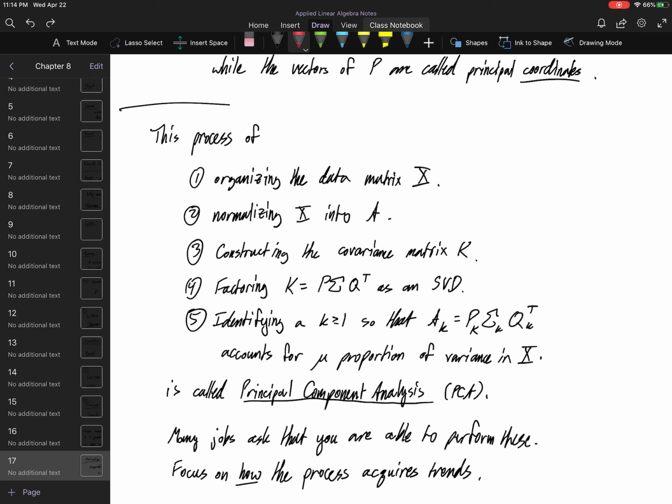What you should be focusing on is how that process acquires trends. We're effectively just taking a generalization of eigenvectors to account for trends in covariance. That gives us the primary trends, or principal vectors, that tell us exactly where most of the data is focused.